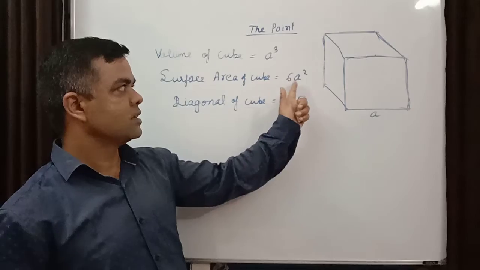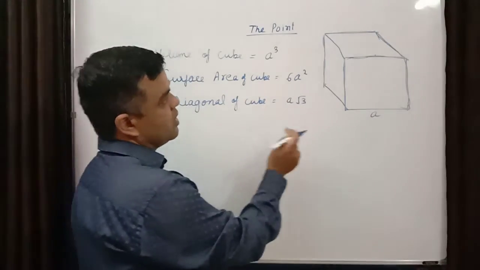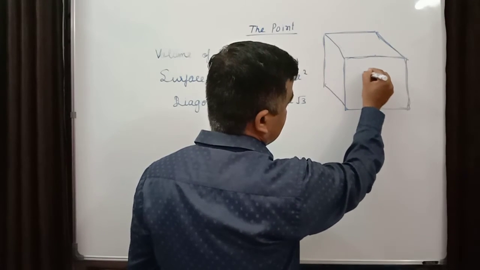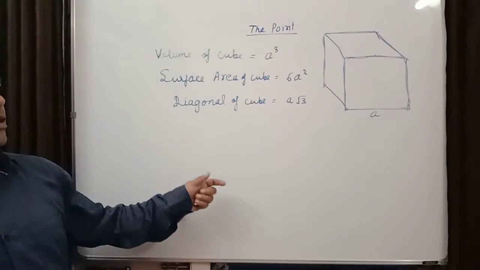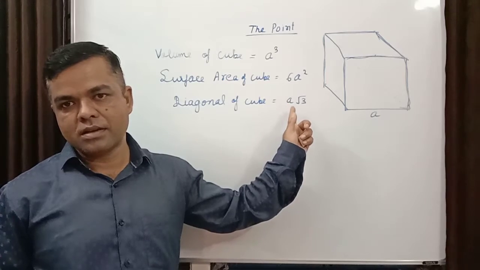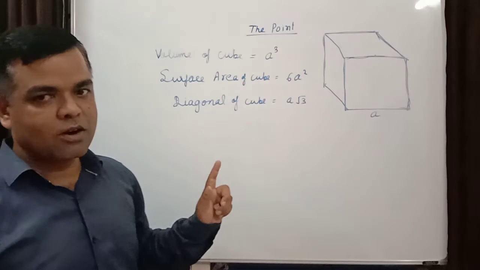So the formula is 6a square, 6 into side square. The diagonal from this corner to this one is known as the diagonal of the cube. So the formula of the diagonal of the cube is side root 3.